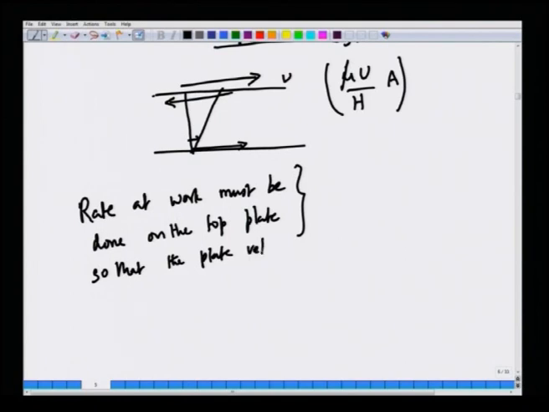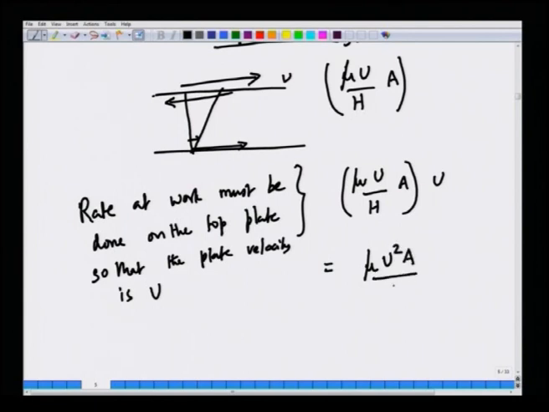Top plate velocity is u. Well, the answer is the rate at which work is done is force times the velocity. So, you will get mu u squared A divided by h.